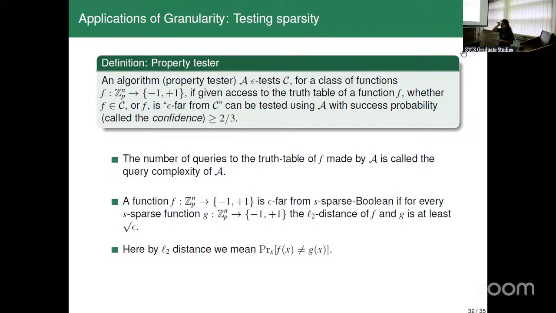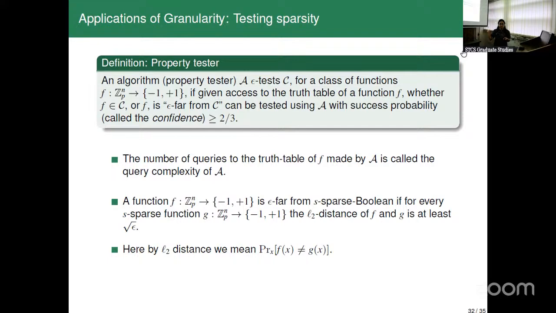And so a function is epsilon far from s-sparse Boolean if for every s-sparse Boolean valued function g, the L2 distance between f and g is greater than or equal to epsilon. By L2 distance, I mean the probability that f(x) is not equal to g(x).